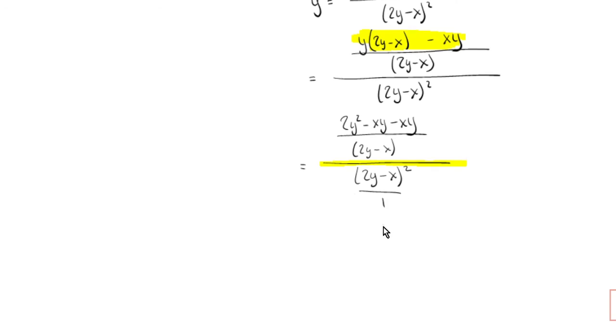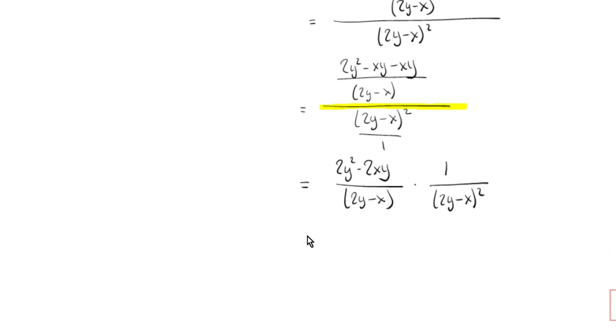So we're going to get 2y squared minus xy minus xy. Actually, minus xy minus xy is going to be negative 2xy. Let's just clean it up right now, just one step less to do later. Over 2y minus x times 1 over 2y minus x squared. Like that.